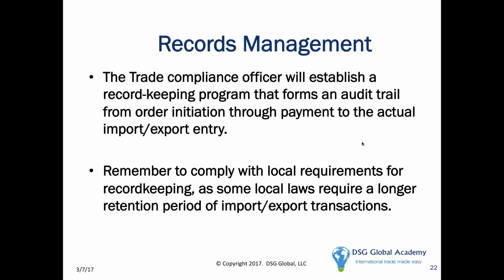Furthermore, some records in a transaction are kept by finance. They keep proof of payment, they keep the PO, they keep the commercial invoice. Some records are kept by warehouse, such as proof of receipt and quantity verification. And then trade compliance may keep the other records for the import entries, export manifest, bill of lading.